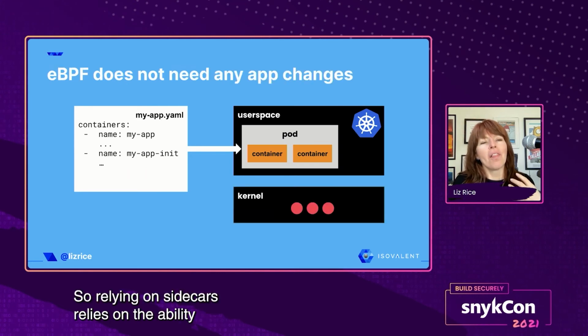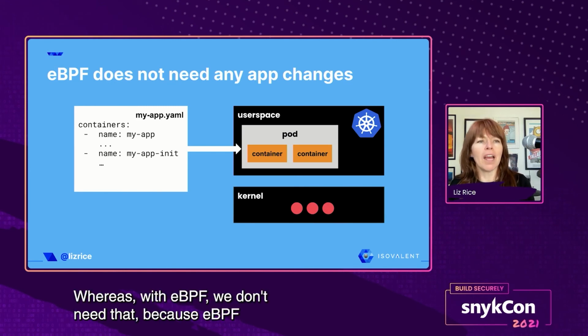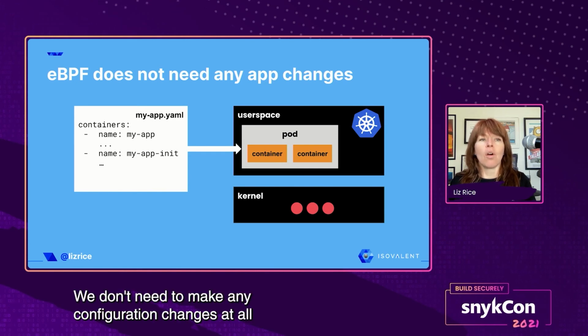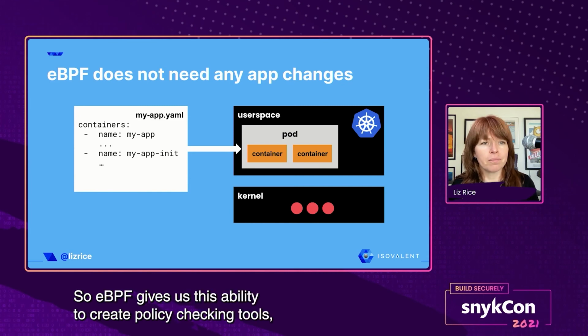So relying on sidecars relies on the ability to inject this YAML, whereas with eBPF, we don't need that. Because eBPF runs in the kernel and can be aware of all of the applications, we don't need to make any configuration changes at all to the application in order to be able to observe it and instrument it.